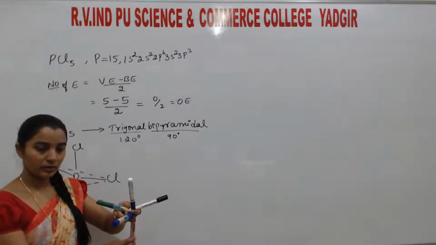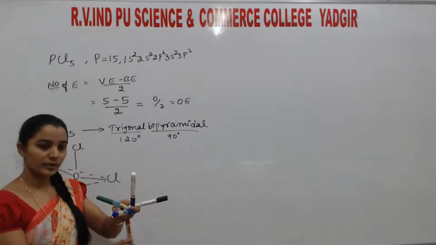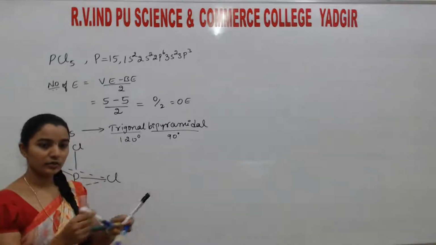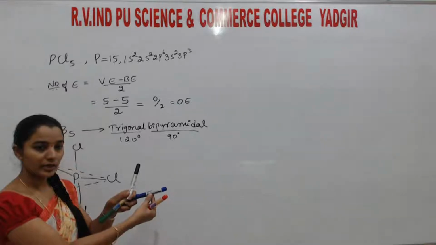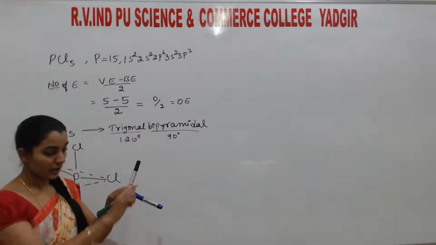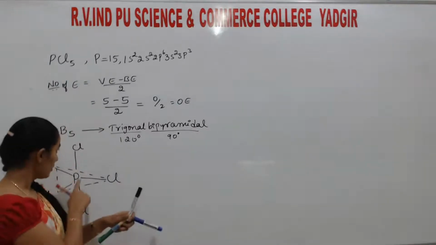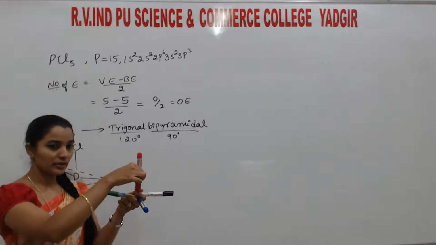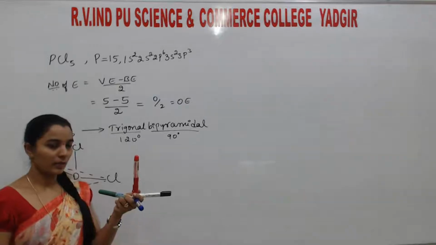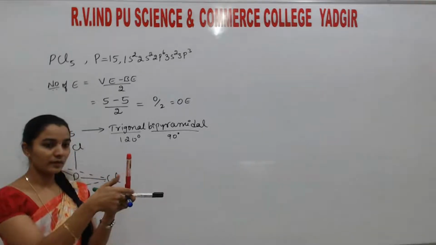This angle in the triangle is greater than 90 degrees, that is 120 degrees. And this one, perpendicular to the plane, is 90 degrees with it.